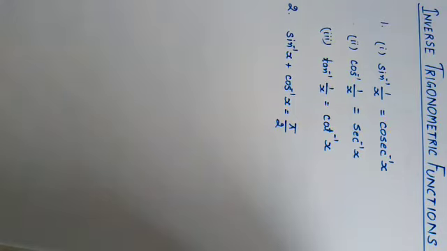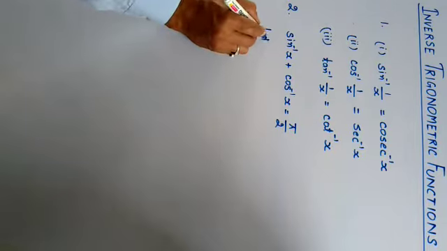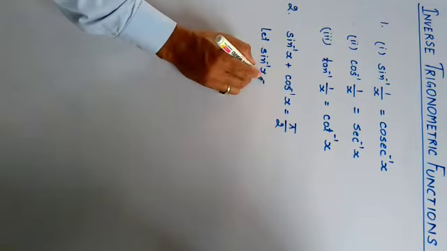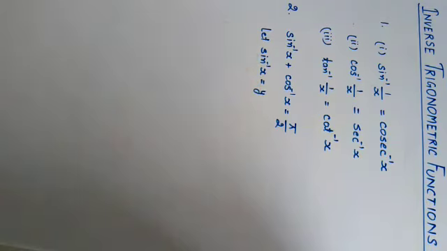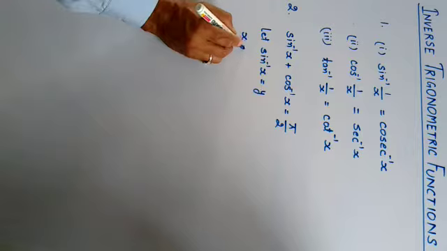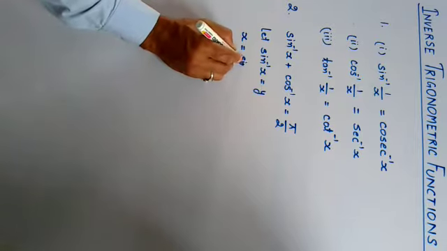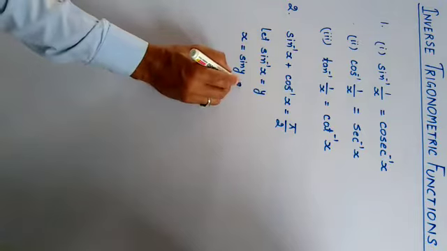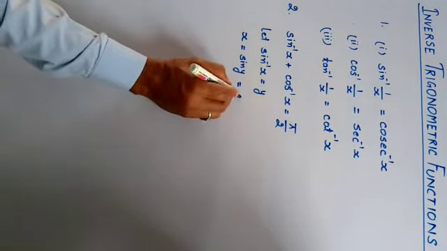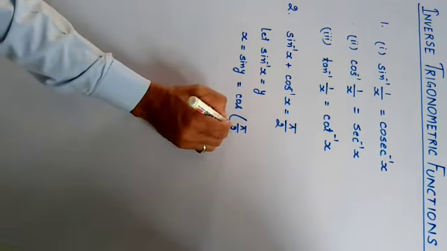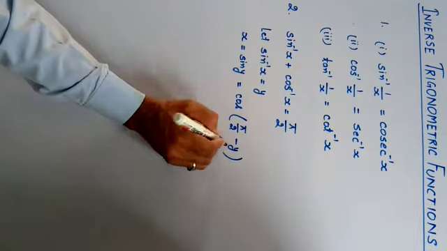Let us derive this formula. So let sine inverse x equal y. Now we can write this as x equals sine y. Now in place of sine y we can write cos 90 minus theta, that is cos of pi by 2 minus y.